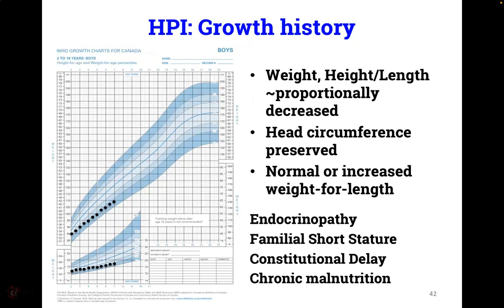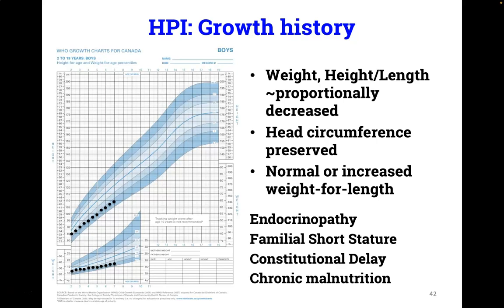The second scenario you might see is where the weight and the height or length are somewhat similarly decreased, and also the decline is noted at a similar time, with the head circumference relatively unaffected. So this is usually associated with a normal or sometimes increased weight for length, or BMI, and that would distinguish it from malnutrition as the cause of this abnormal growth pattern.